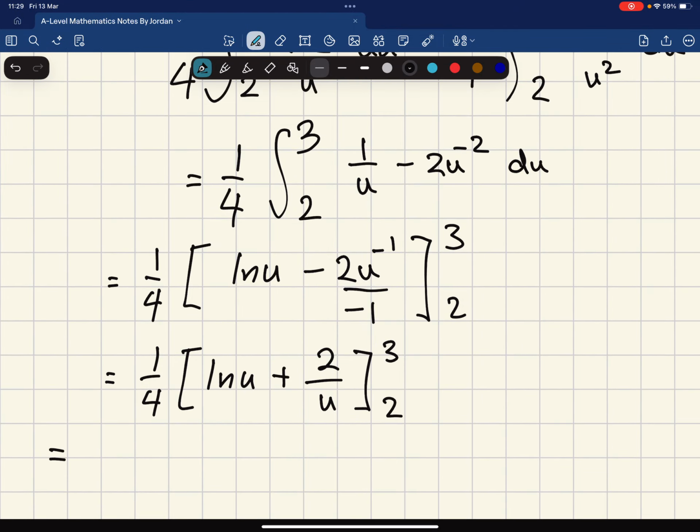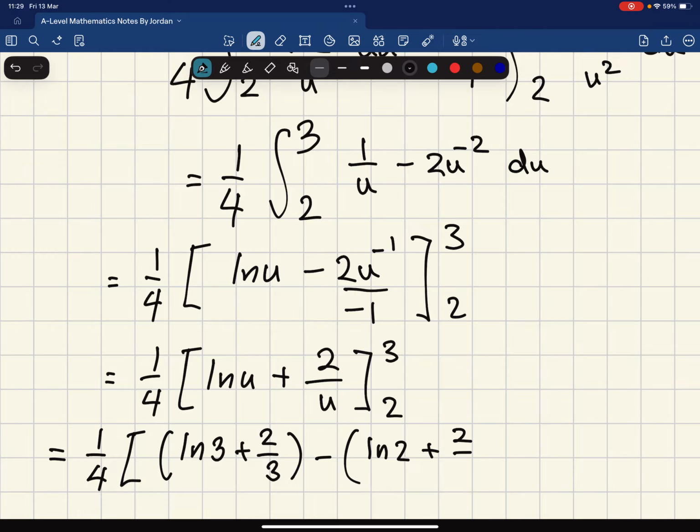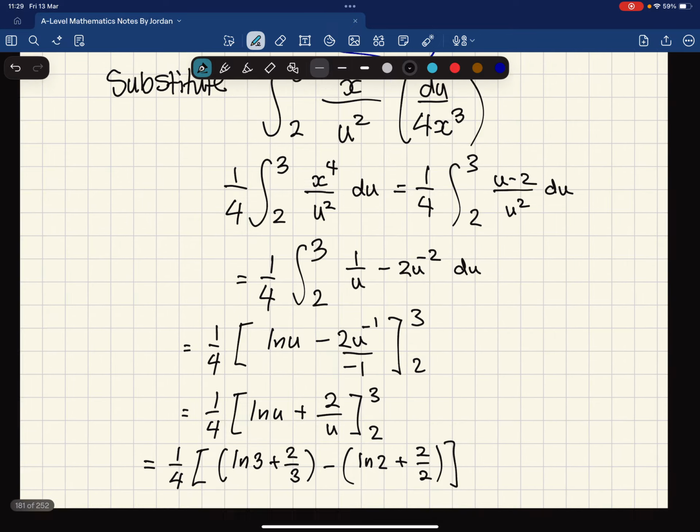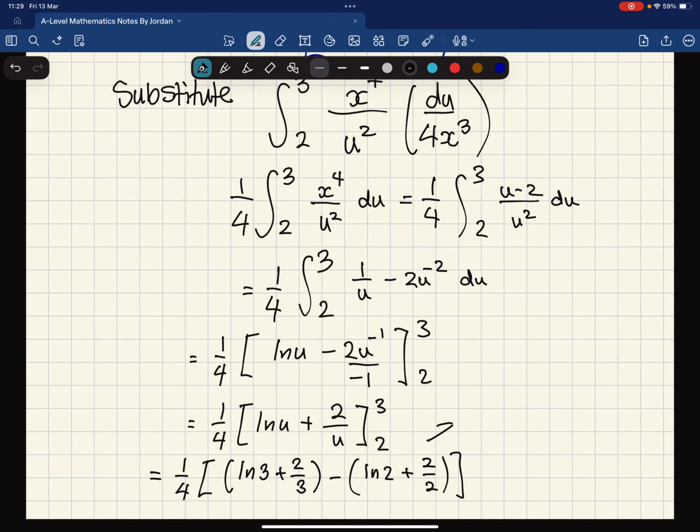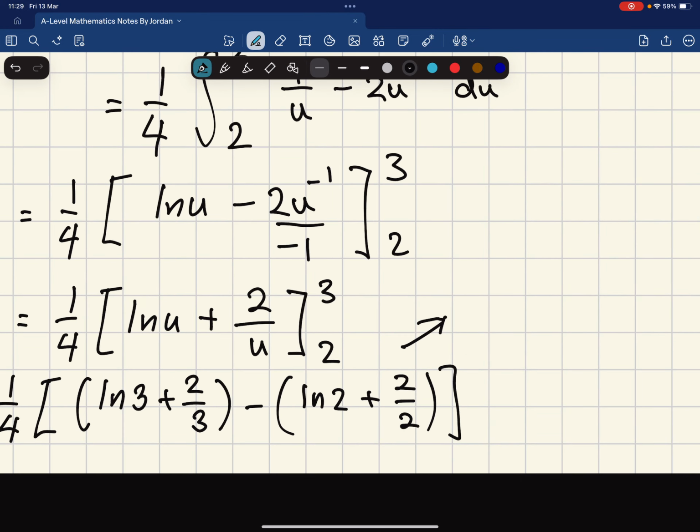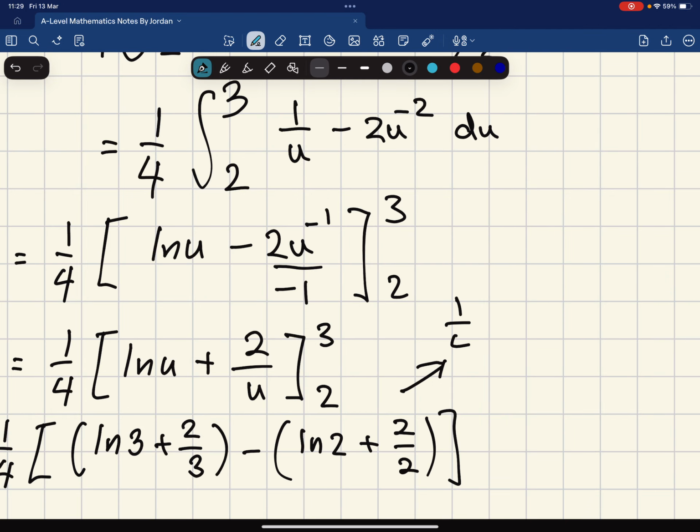Right, final bit of substituting now. So we have the 3 going in first, so that's ln 3. And then the 3 goes in here, so that's 2/3. Now we put the 2 in, so we get ln 2 plus 2 over 2. Let's just go over here. So we have 1/4 at the front.